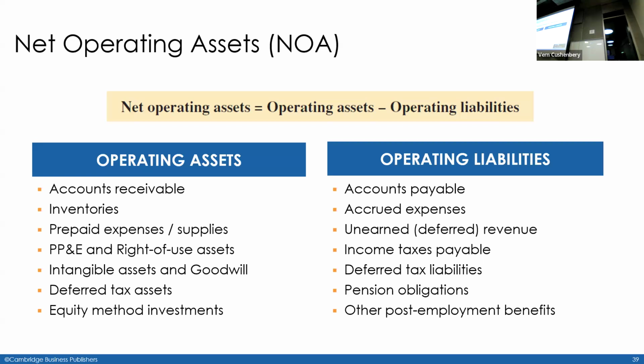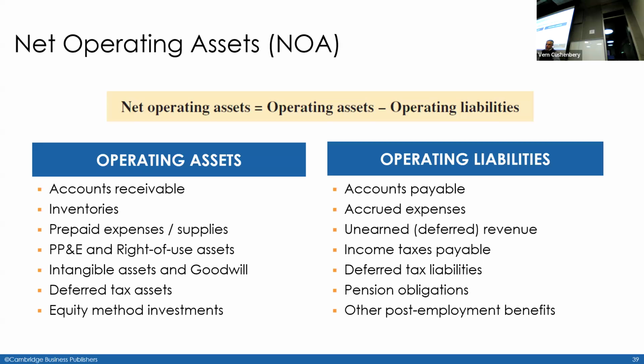When you're in the world of accounting, accounts receivable, inventories, prepaid expense, property, plant, equipment, those are in all of our accounting problems. Those are standard. So because they're standardized, that's an indication that, okay, those are probably operating assets. All companies need them to exist. All companies have those same basic functions. Those are operating assets. Operating liabilities kind of fit the same mold.